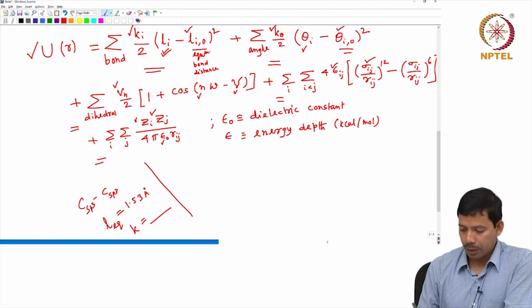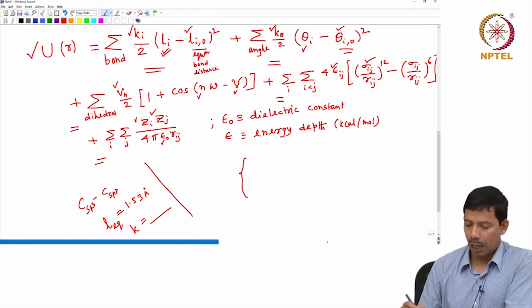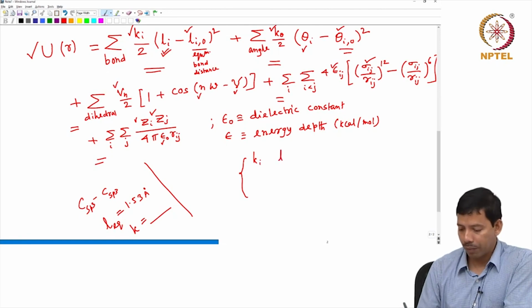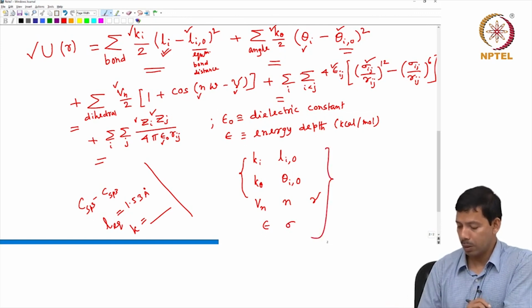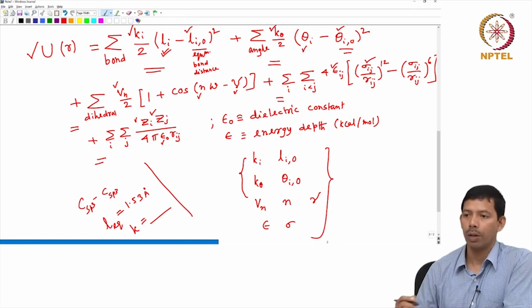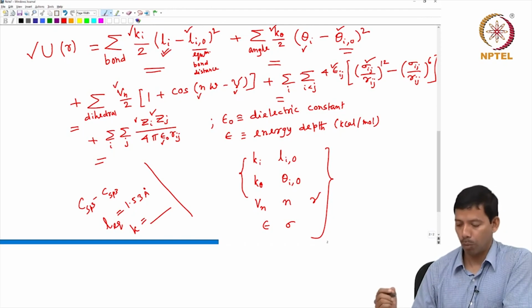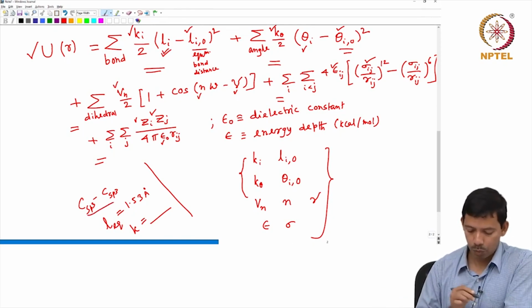So we can make a library where I have Ki, Li0, K theta, theta I0, Vn, n, gamma, epsilon, and sigma, and I use this library whenever I see a molecule with a CC bond.